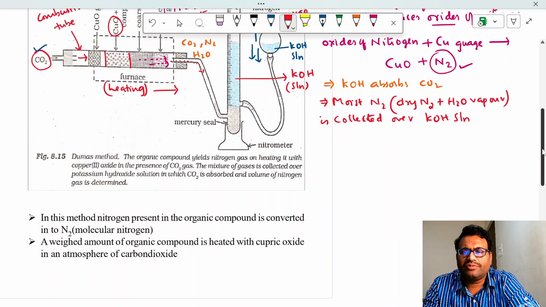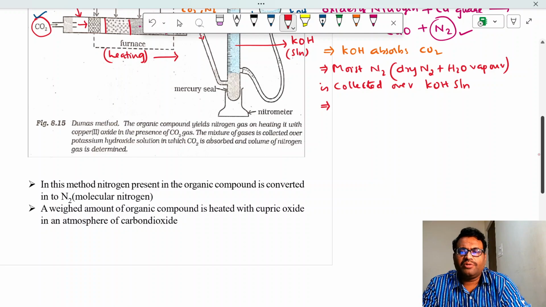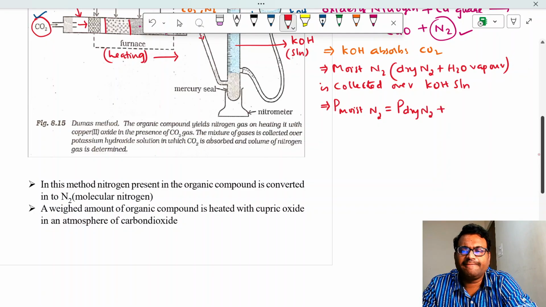Now, by calculating the volume and pressure of moist nitrogen, you can calculate the volume of dry nitrogen. So the pressure exerted by moist nitrogen is equal to the pressure exerted by dry nitrogen plus the pressure exerted by water vapor.